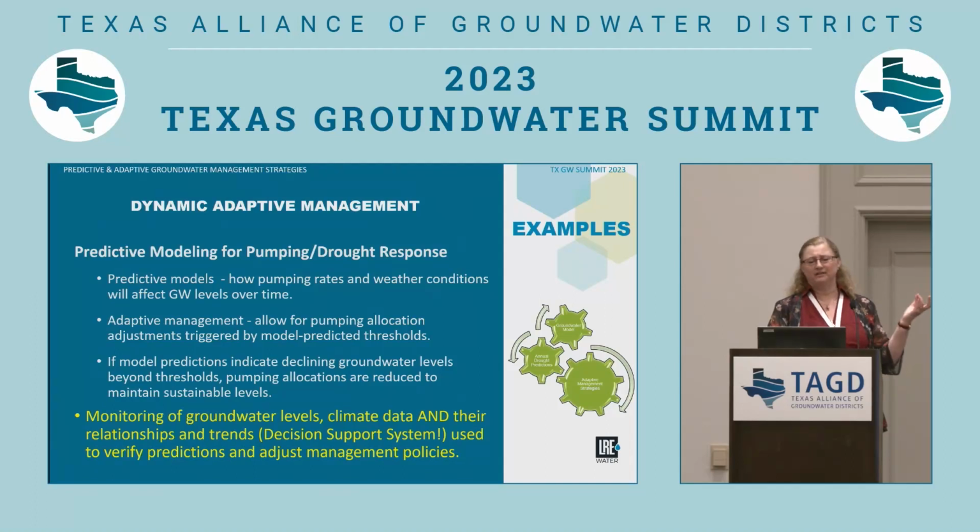And so this is just a description of how that might work that should seem fairly obvious. You're using models. Maybe you've got a model that relates pumping rates, weather conditions, groundwater levels over time, establishes the relationship between those things. And then you can run these models to create maybe some predictive triggers, some thresholds.